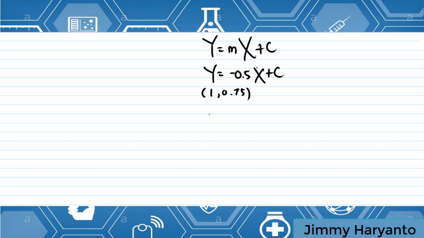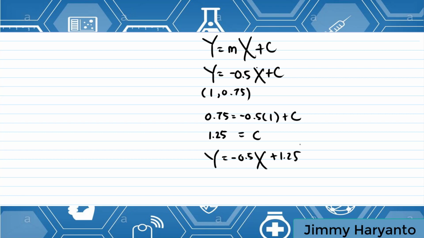Let's put 0.75 into the y and 1 into the x, plus c. So I will get c equals 1.25. The complete y = mx + c is negative 0.5x plus 1.25.